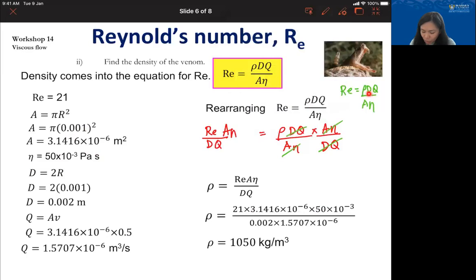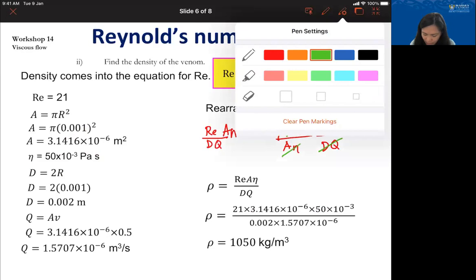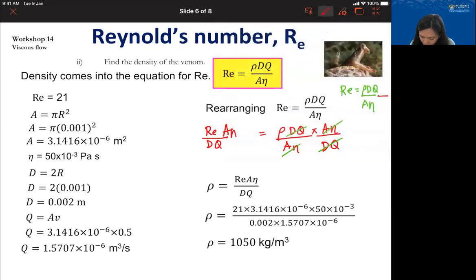So you have to do the reverse operation of multiplication, which is a division. You have to divide with DQ to get rid of DQ on the right side, but you also have to divide the left side with DQ. So that automatically puts DQ below the Reynolds number, Re.